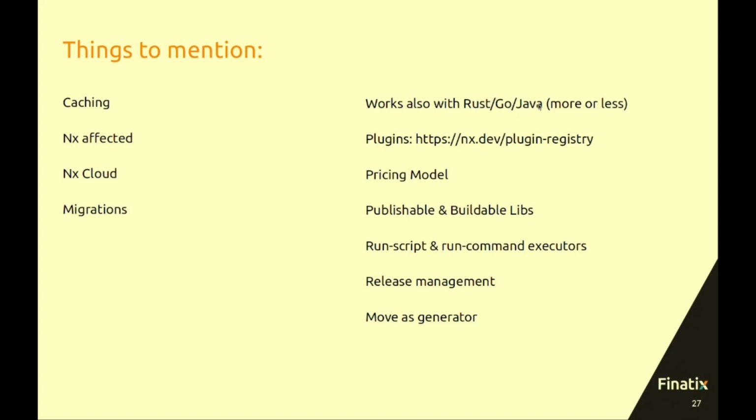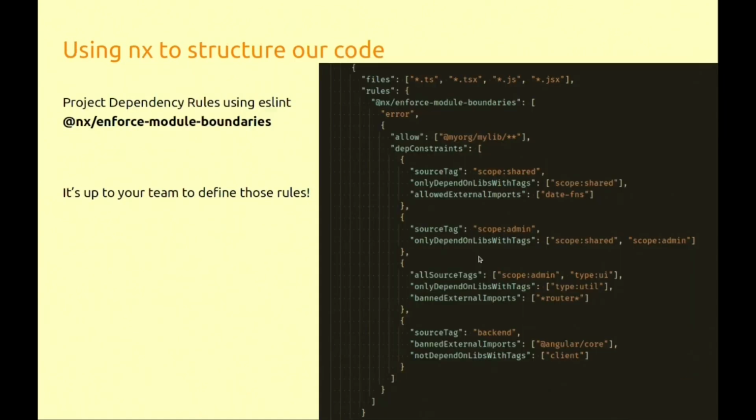It also works with Rust, Go, and Java. They have a huge pricing model, and also support publishing buildable apps. And you can even define your own logic, like this test command, with script and command executors.